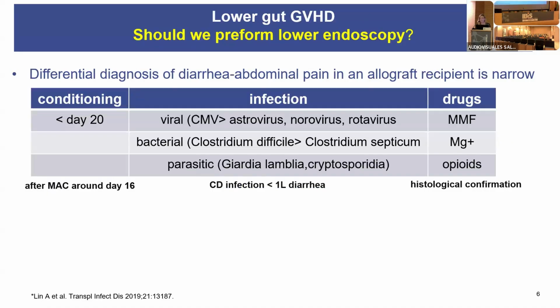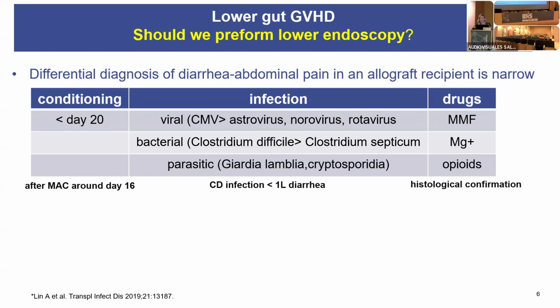Should we then always perform lower endoscopy in patients who have diarrhea? Well, knowing that the differential diagnosis of diarrhea is pretty narrow, and that mucositis is usually resolved by day 20, this does not really interfere with our differential diagnosis.